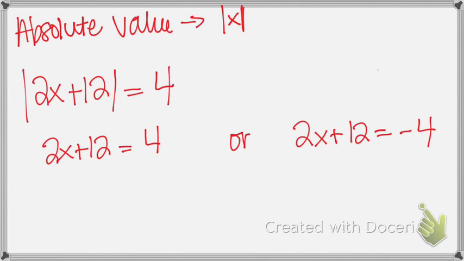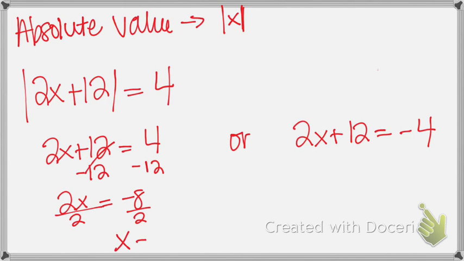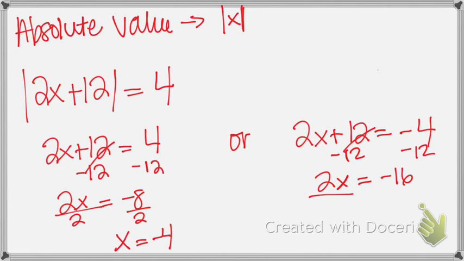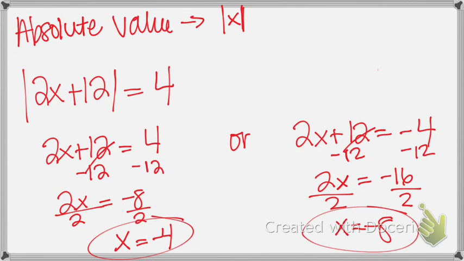Then we solve for x. So I have two completely different solutions, -4 and -8.